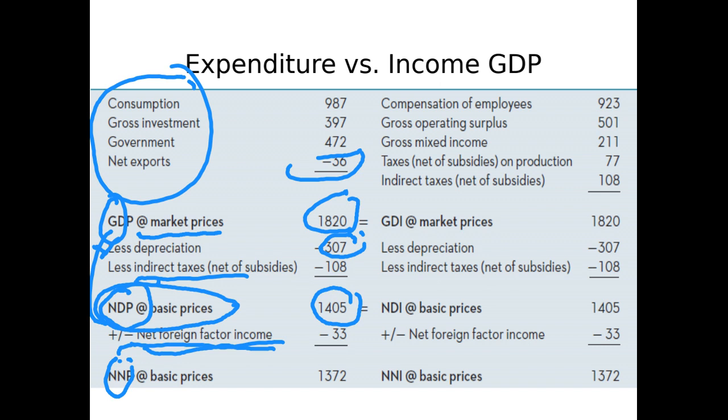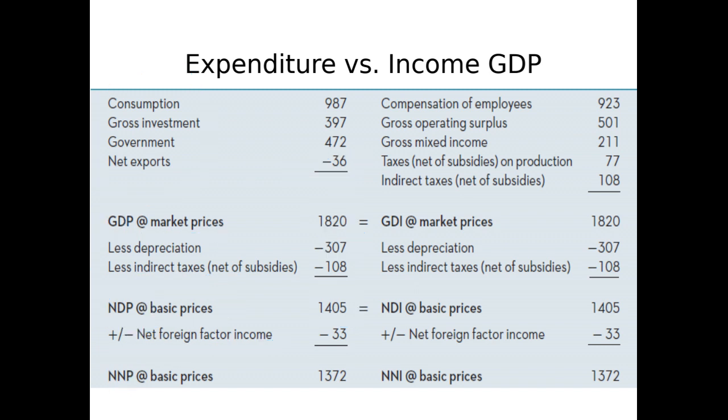Now we can get the same answer if we use the income approach, of course, with slight adjustments. First, I told you earlier as well, these are the three incomes: income of all employees, then business income, and then self-employed income. And then you subtract, add. Oh, I said earlier subtract. No, you have to add taxes and indirect taxes.